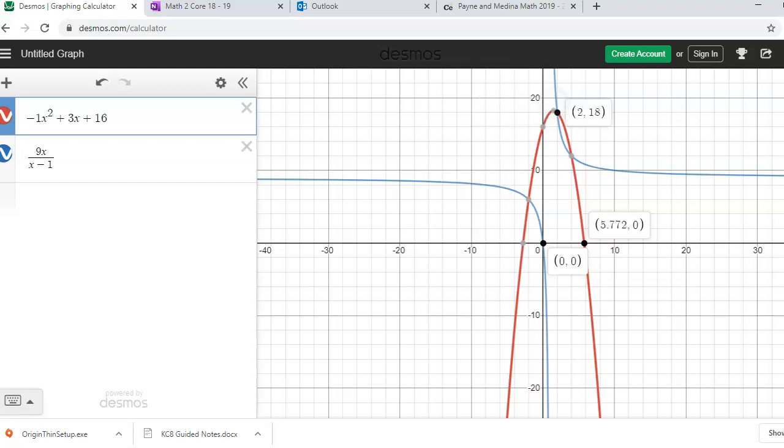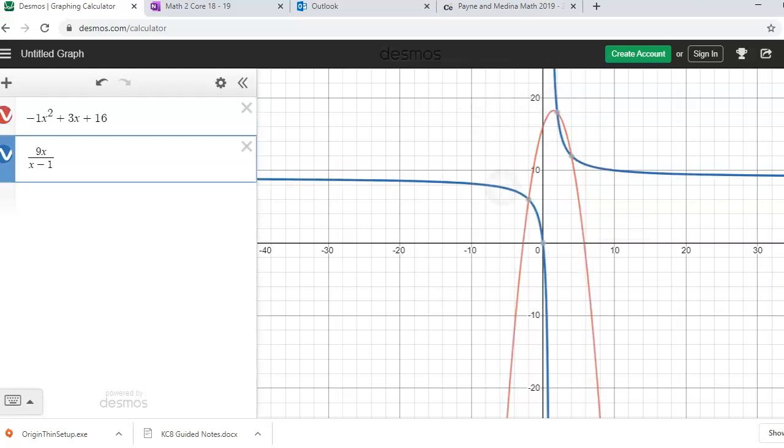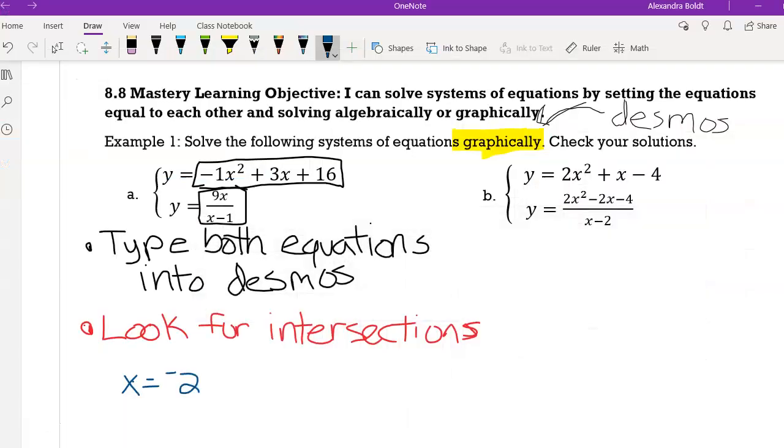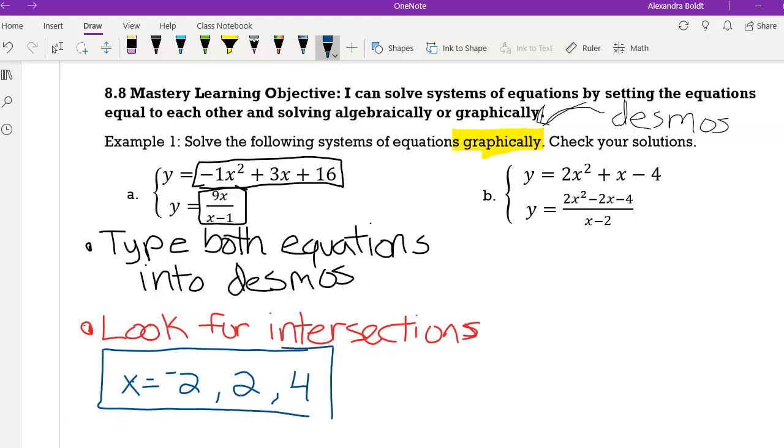We don't care about that, okay? So be very careful that we only care about where these points actually cross. So then we have x equals 2, and our other one is 4. Okay. And that's it for solving graphically.